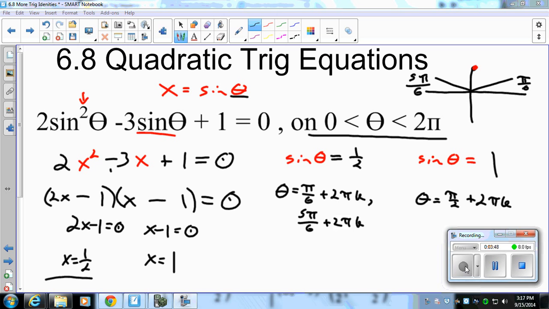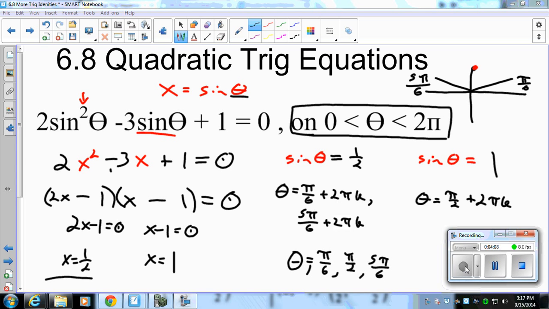If I just want the single interval from 0 to 2 pi, I'm going to get theta is equal to pi over 6, pi over 2, 5 pi over 6, and then all the other ones will be over 2 pi. So I have my 3 solutions there.